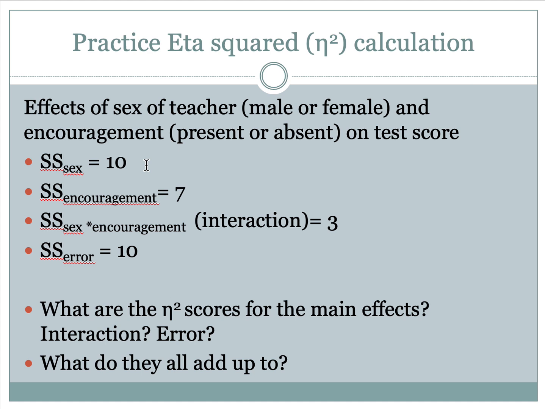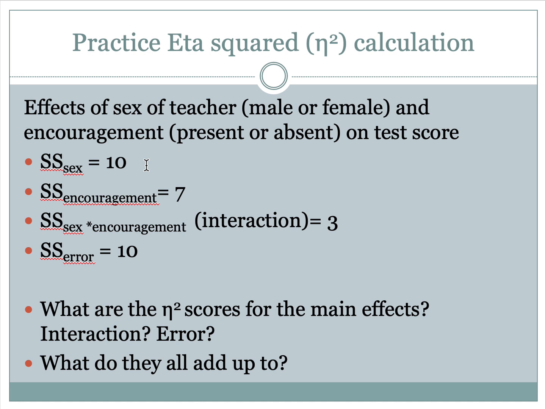We are looking for not just a measure of whether there was a difference. We already know there's a statistically significant difference in test scores depending on whether you had a male or female teacher in our participants in the study. We want to know how much of an effect. So we calculate our eta squared score, which is again sum of squares of teacher score divided by total sum of squares, which we just add these 4 up together to get our total.